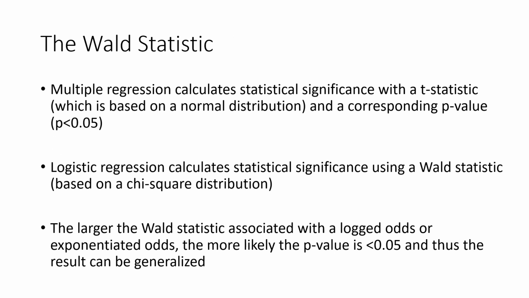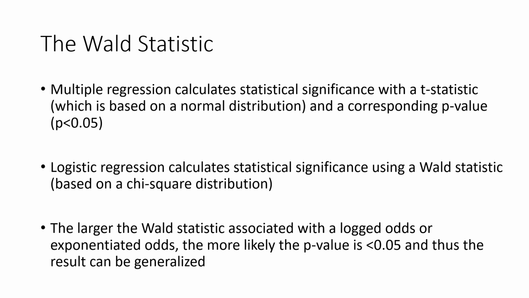Now, think back to some of the other statistical methods that you've learned throughout this course. Think back to, for example, the t-test. You remember that the t-test ultimately culminates in a t-statistic. And it's the t-statistic that will give you the p-value that will in turn tell you whether or not your results are generalizable.